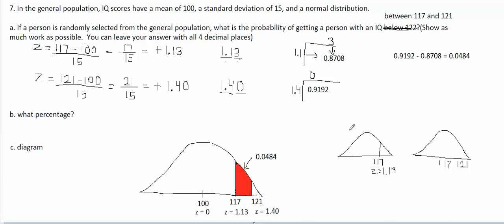And the probability of getting a person below 117 came out to 0.8708 from the table. And the probability to the left of 121 came out to 0.9192.